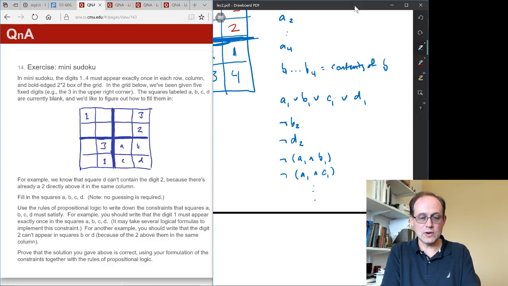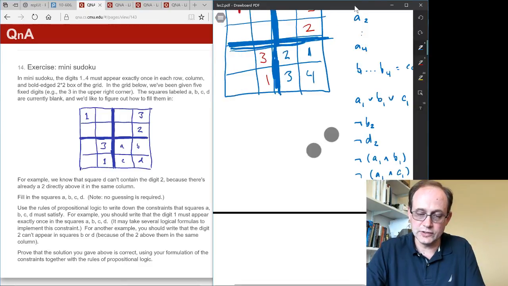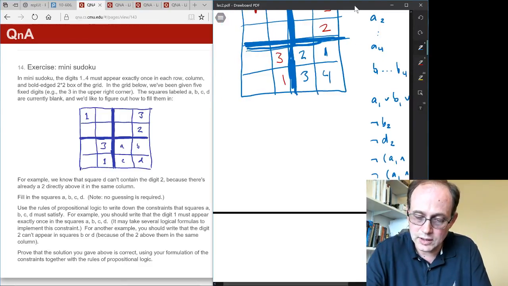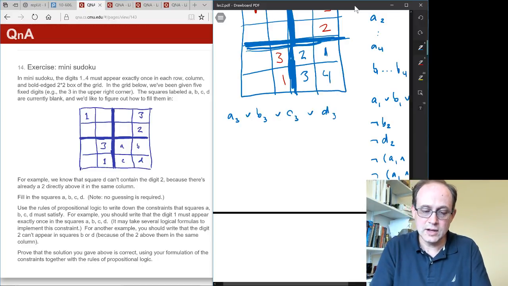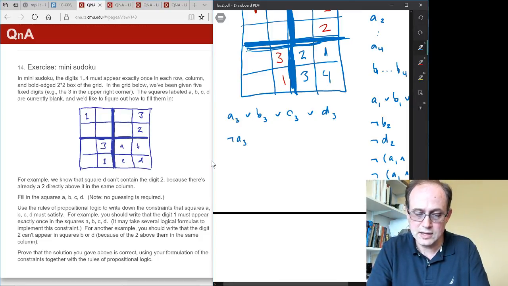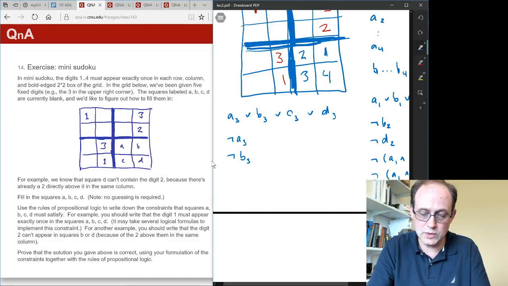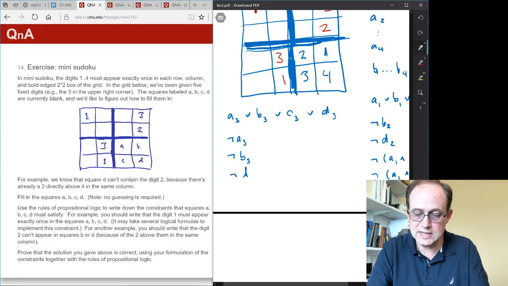So I'll write out a formula: A3 or B3 or C3 or D3, right? And then from this one we know not A3 and not B3. And from this one we know not B3, I'm not going to write it down again, and not D3, right?